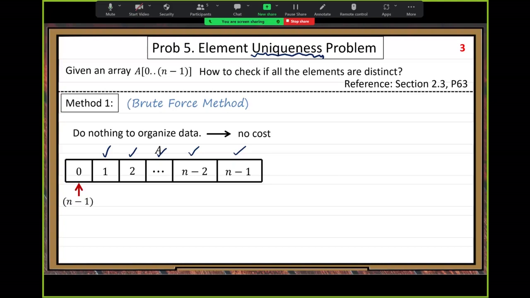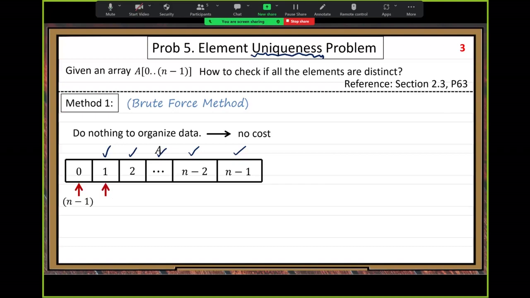So that means for the worst case, the number of comparisons we need to do is n minus 1. You need to do at most n minus 1 comparisons. For the best case, only one comparison. For the worst case, n minus 1 comparisons.